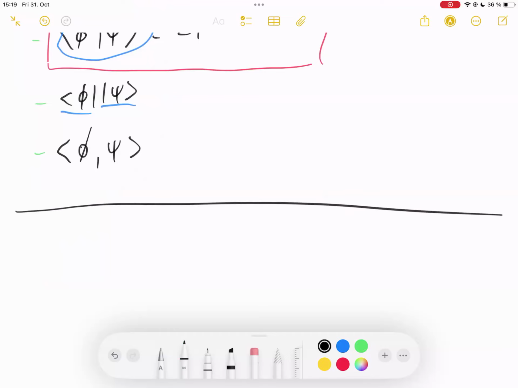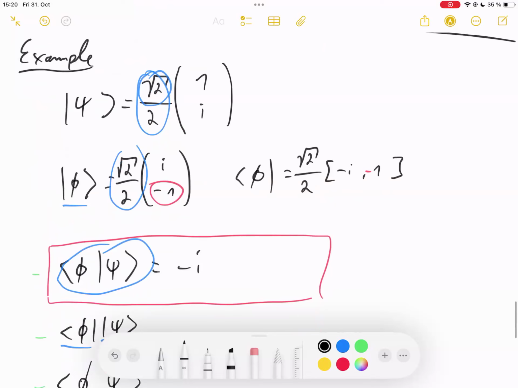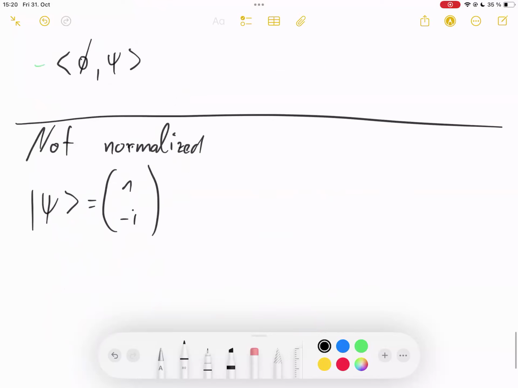One could think now, what if our states are not normalized? So when it's not normalized, then imagine we just use the same vectors as before, but unnormalized. So psi, which is 1 and -I. I'm just seeing which ones we use, or just use the example from the slides.